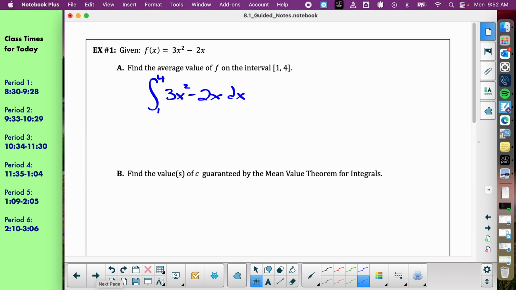And then you're just missing one little portion to find the average height, because this is going to be the area. You can either divide by the width or multiply by 1 over the width, which is 1 over b minus a. So we would do 1 over 4 minus 1.